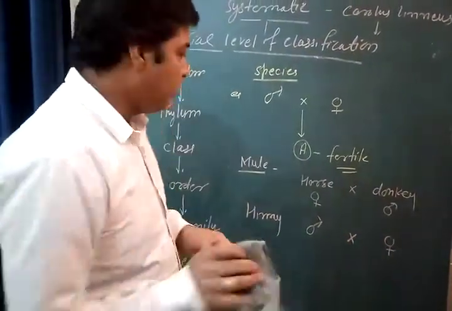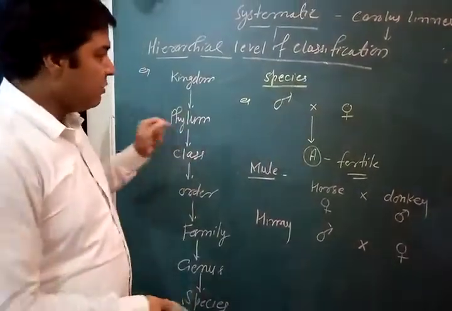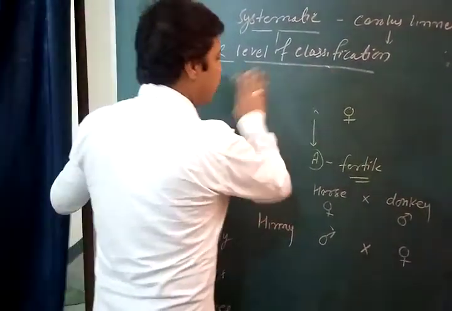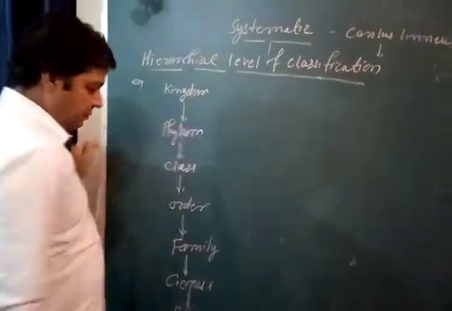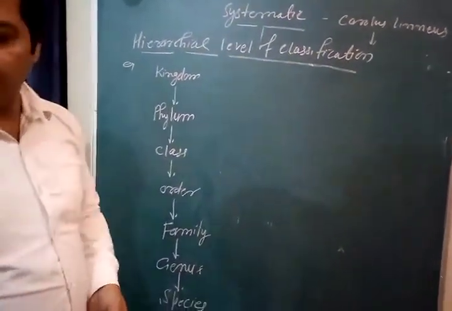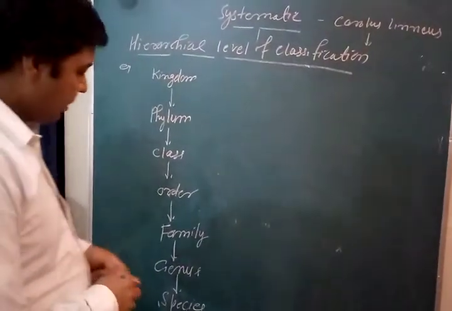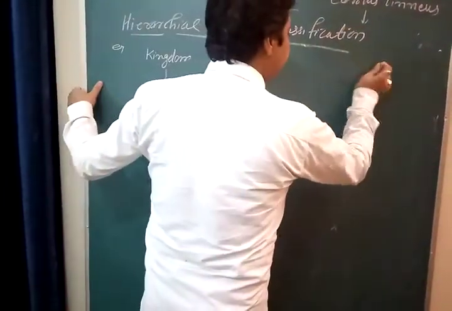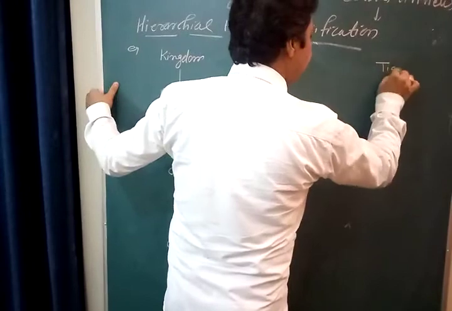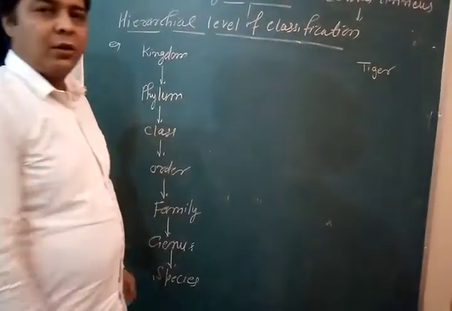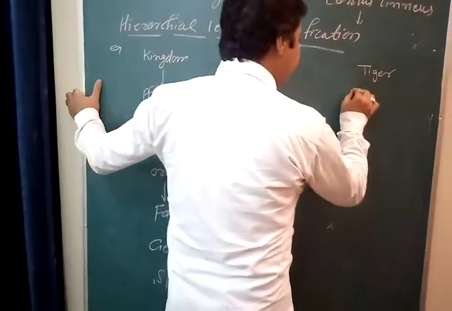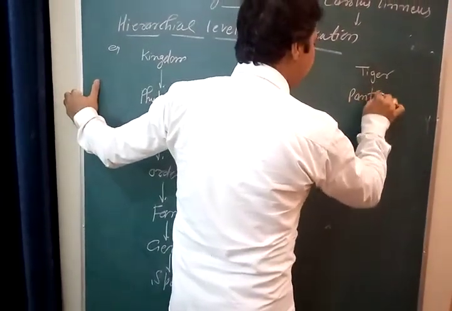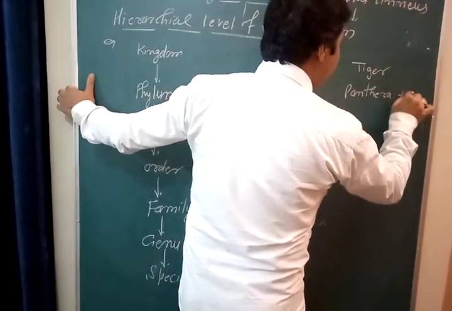Now children, moving to the next part, we see this hierarchy level of classification with an example. If we see tiger, what is the scientific name of tiger? That is Panthera tigris.